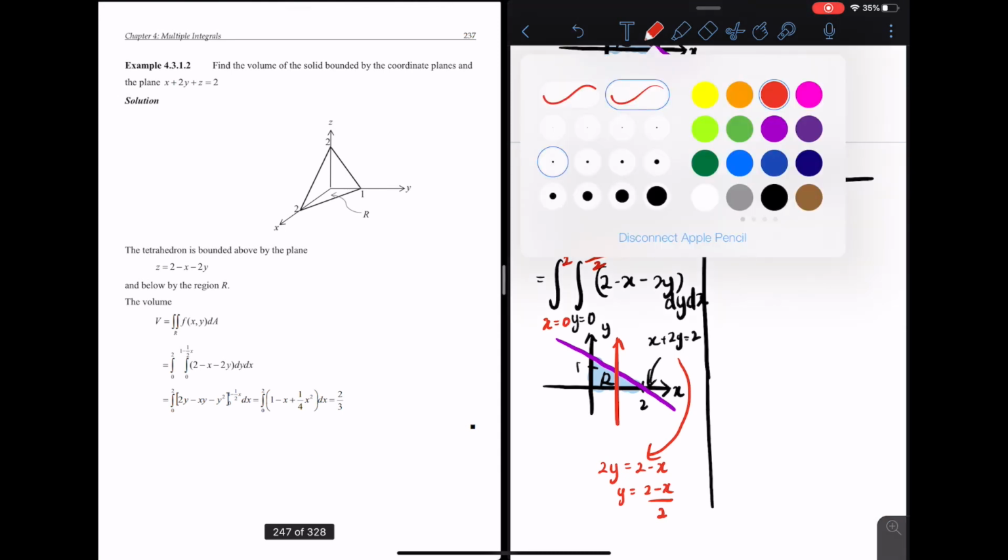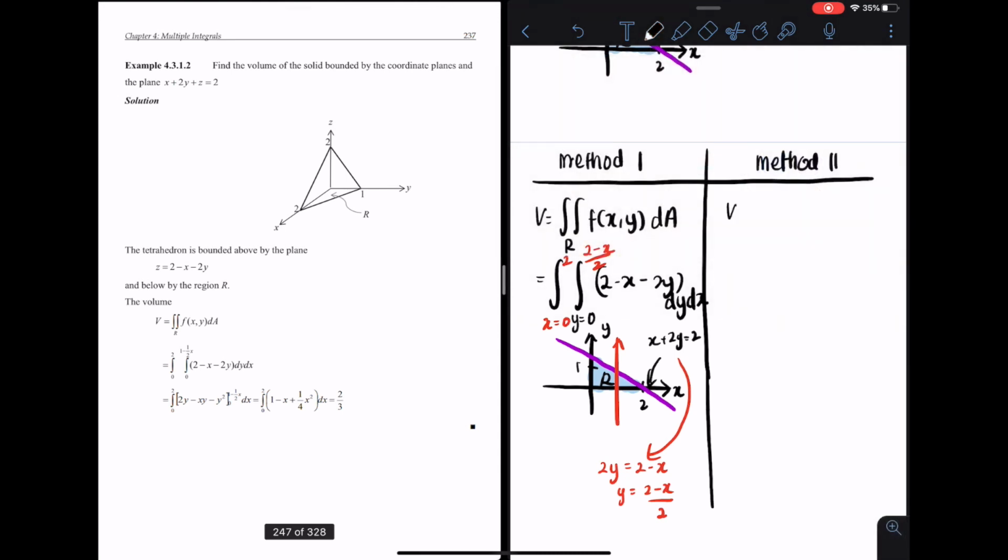Again, recall the formula: V is equal to the double integral over region R of function f(x,y) dA. So right now I will have a double integral, and the function is written as 2 minus x minus 2y dx dy.